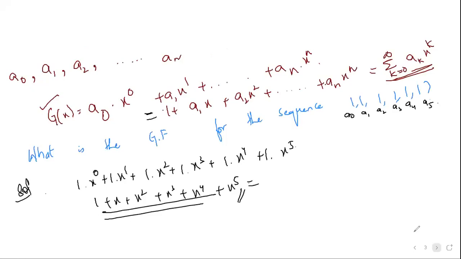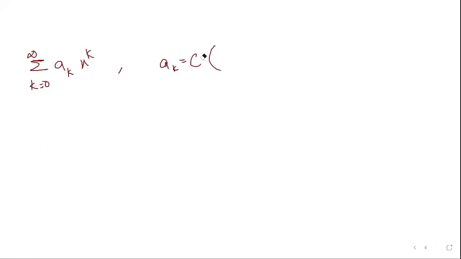What did I write? I wrote the sum over k equal to 0 to infinity of ak x power k. Now I am saying that these ak values are basically constants, they are real numbers. So ak is equivalent to, since I took an over here, nCk, or basically the combination nCr.